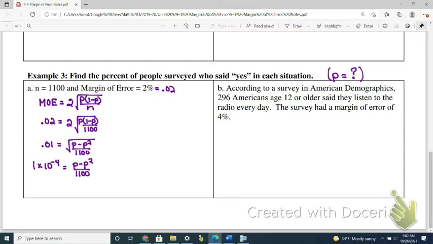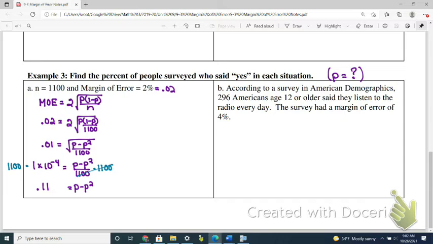We are going to go ahead and multiply both sides by the 1100 to get it out of the denominator. So I get p minus p squared equals 0.11.